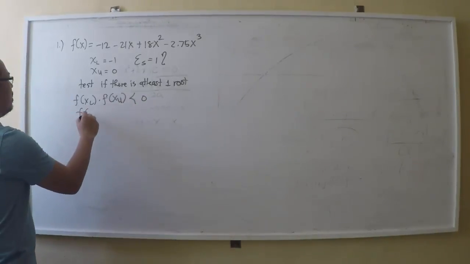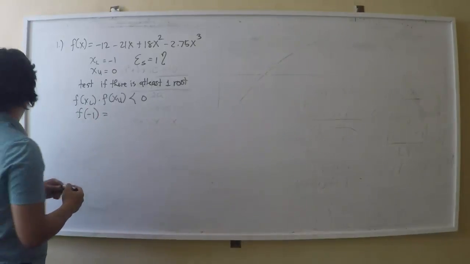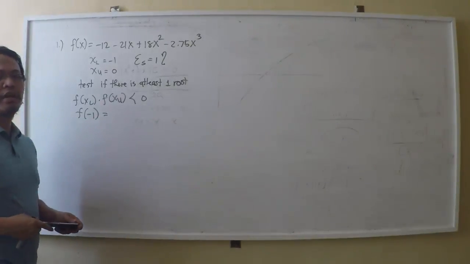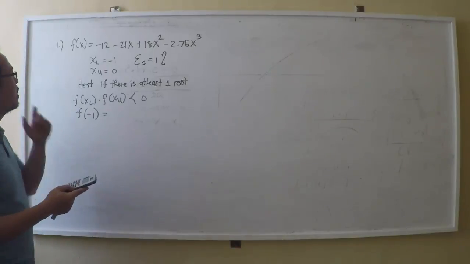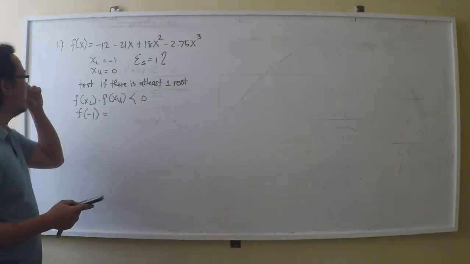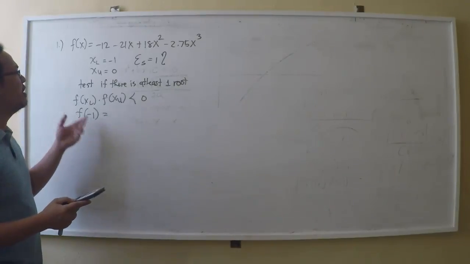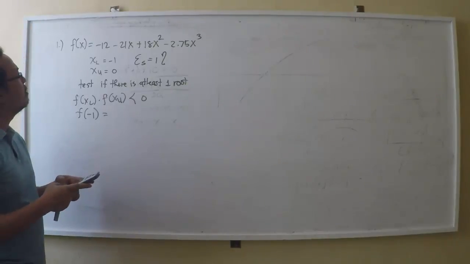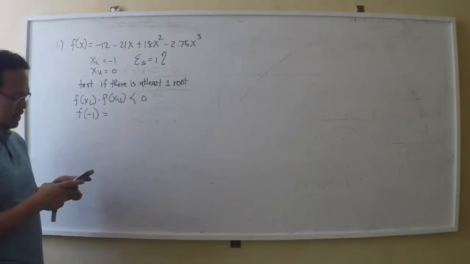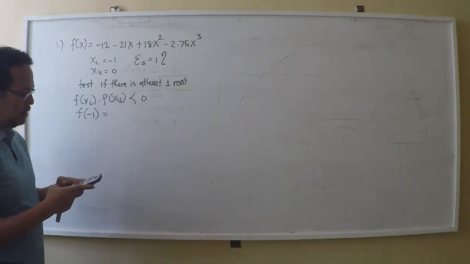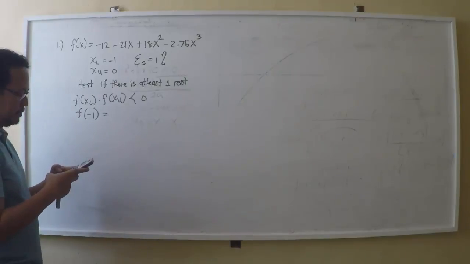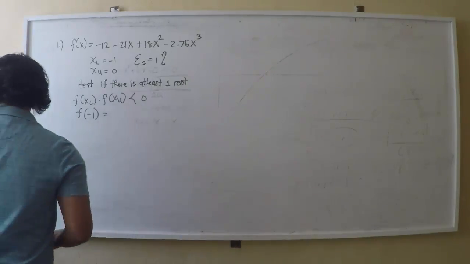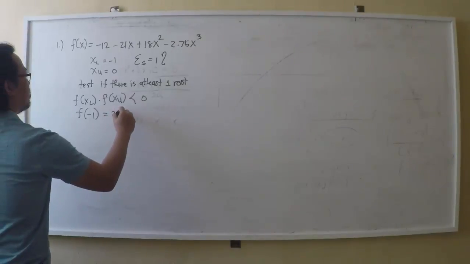Our f of xl is f of negative 1. We will compute that using my calculator. I can write the function in the calculator, input the independent variable x, and solve for f of x: negative 12 minus 21x plus 18x squared minus 2.75x cubed. Putting in negative 1, we get 29.75.